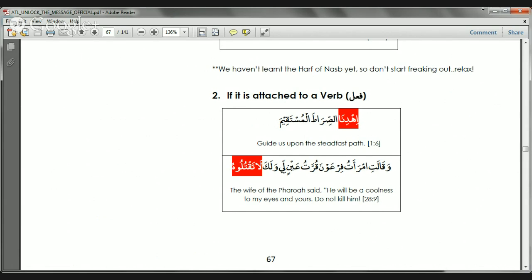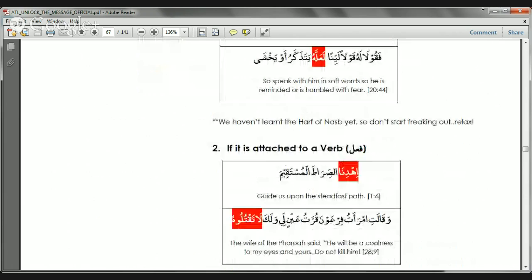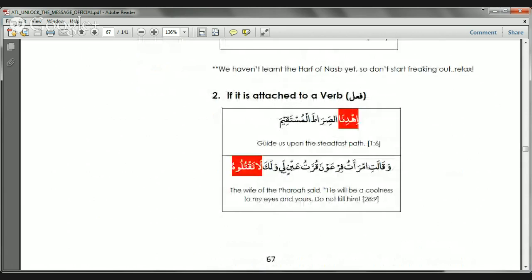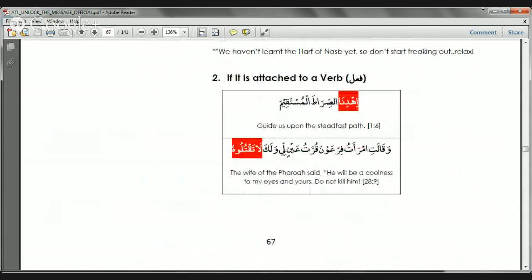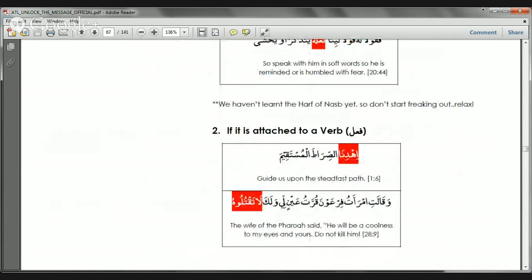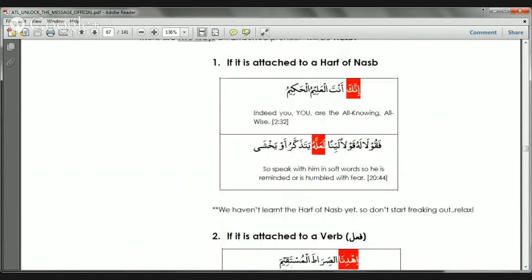Do not kill. لا تقتلوه. Who? Him. Do not kill him. Again, it's nasab when it's attached to what? A harf of nasab or a verb? Is a verb an ism? No. Very good. Now, what's the pronoun there? Na in the first one, and then hu in the second one. La taqtuluhu. Hu.